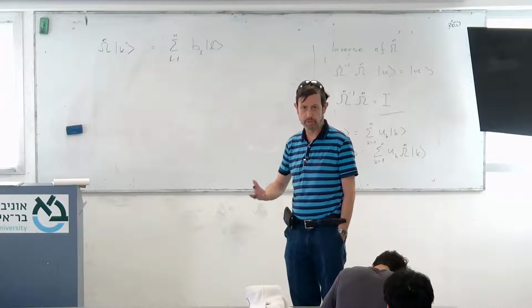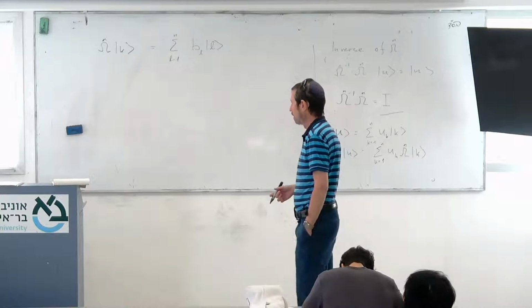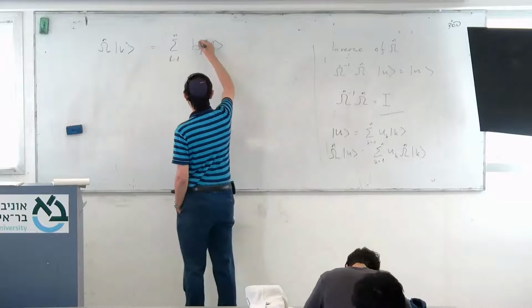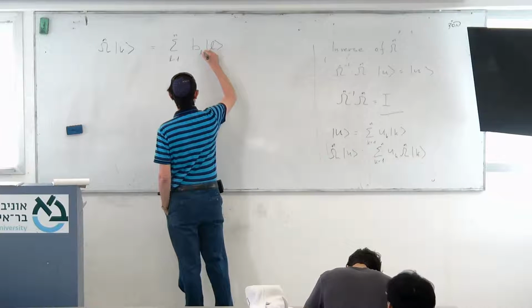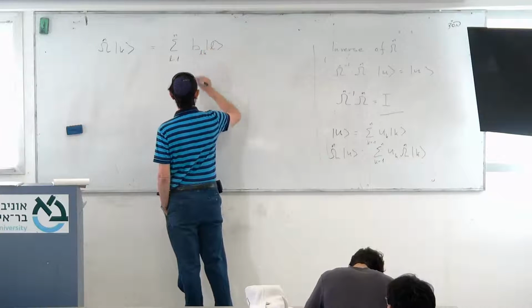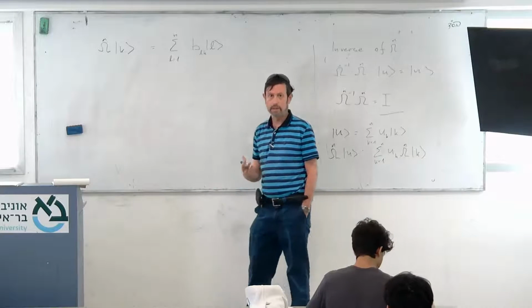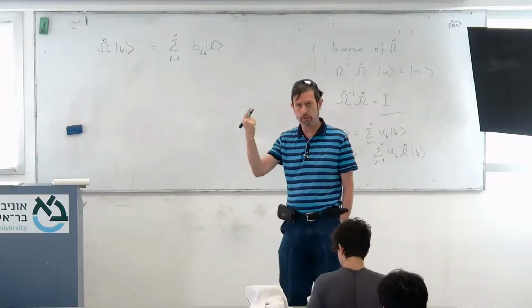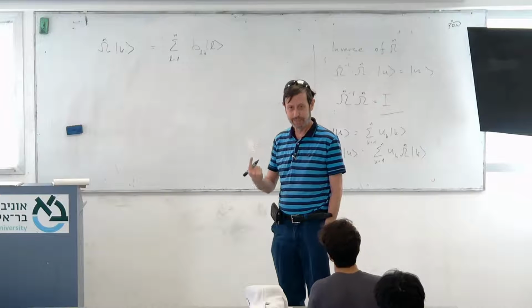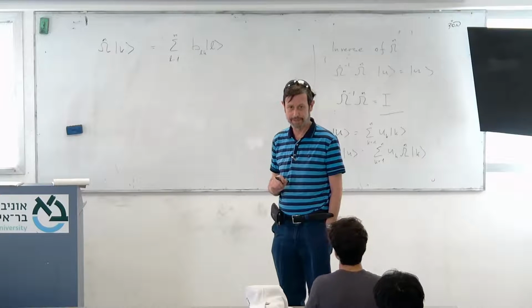That's any vector in the space, and I have to write an additional index to remind me that that's what is happening to the kth basis.